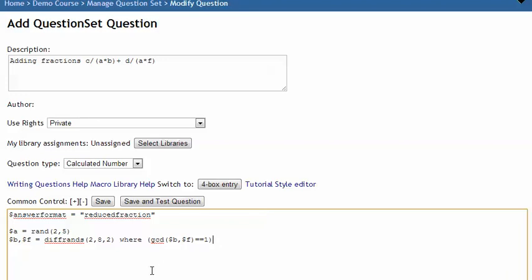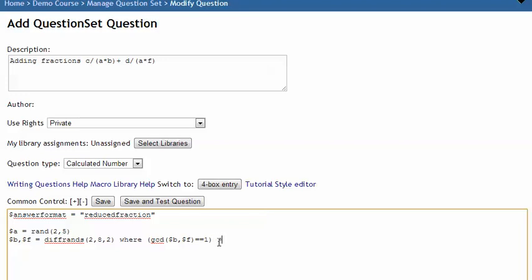In other words, that they are relatively prime. Now, a couple good things to note here. One, GCD, greatest common divisor, is a handy function to know, and it takes 2 inputs. Second thing, notice this double equal sign here. A single equal sign is used for assignment. A double equal sign is used for comparison. So this says, is equal to 1.